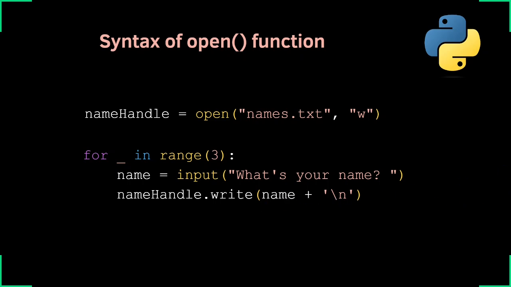I could do this as many times as I want. In this case, it was just going to be 3 times, given by this range 3. But what I'm doing is writing directly into a file, in this case called names, the things that I'm inputting on the terminal. So as I provide information on the terminal, it is going to get stored in the file.